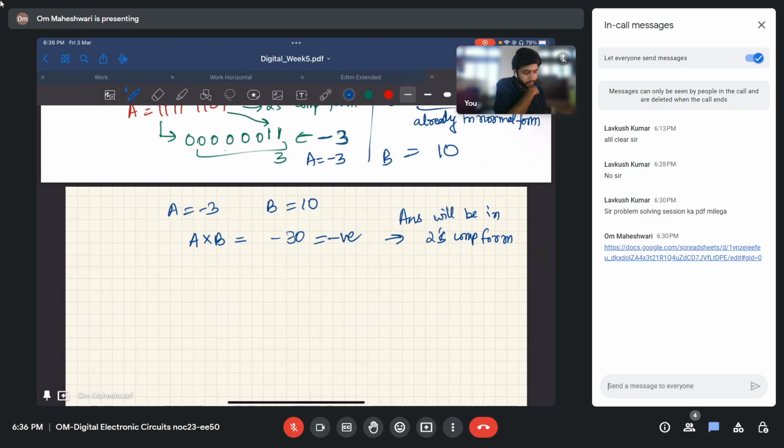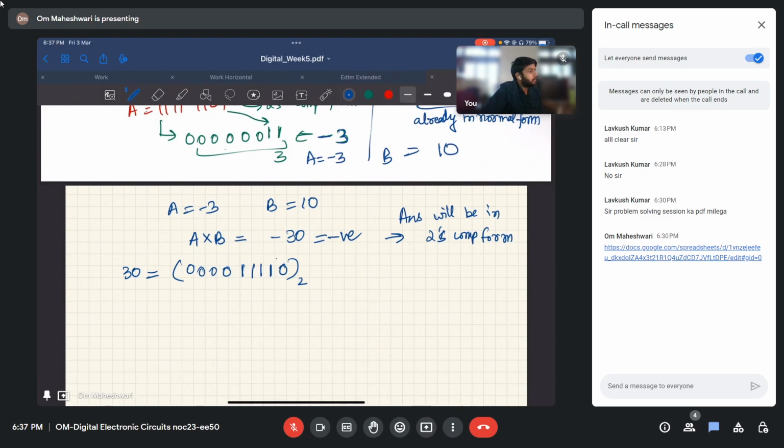So first let us write the binary representation of 30. That is 16 plus 8 plus 4 plus 2, which is 0 0 0 1 1 1 1 0. Okay, so this is 30.